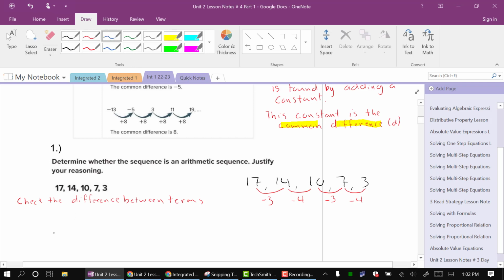So this sequence does not have a common difference.